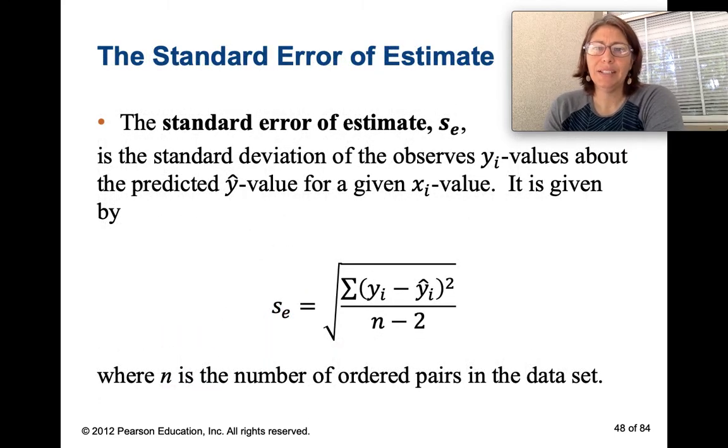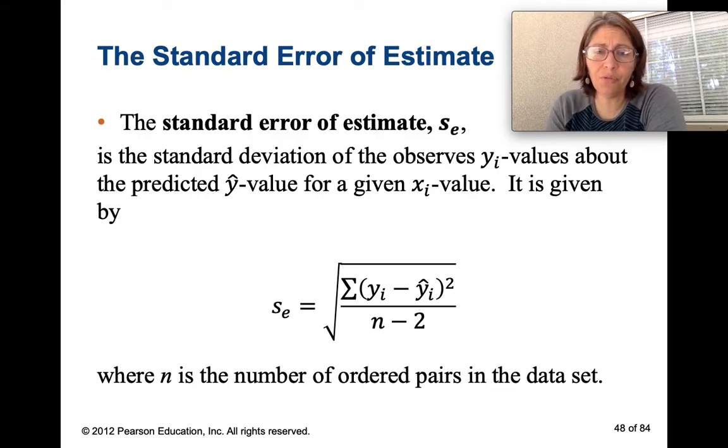Okay. Our standard error of estimate, however, looks a little bit scary. The standard error of estimate is the standard deviation of our observed y values, y sub i, about the predicted y value, y hat, for any given x value.